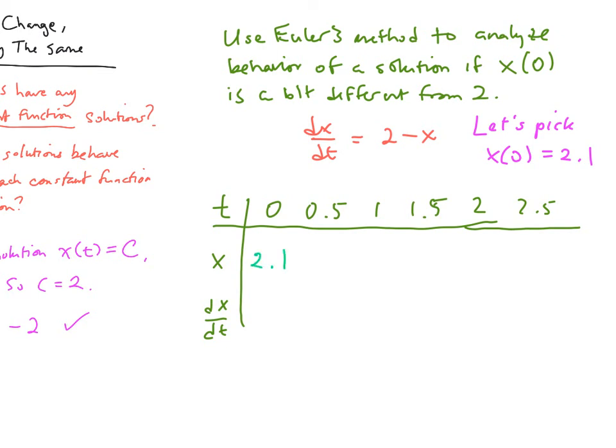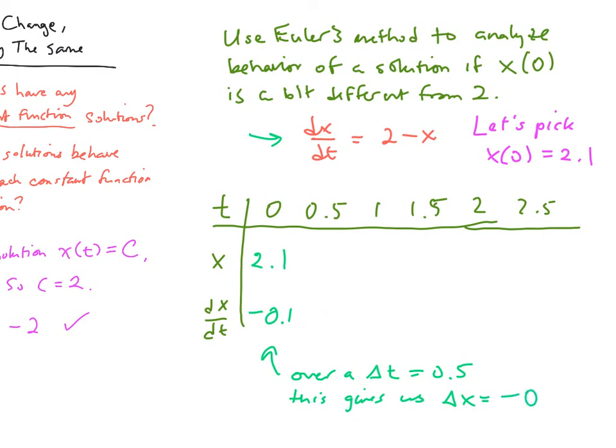Okay, and then according to this differential equation, we're going to use this frequently now. That means that my rate of change has to be 2 minus 2.1, so my rate of change is negative 0.1. Now, if I take this over an interval of length 1/2, a delta t of 0.5, delta x is going to be 1/2 of this amount because I'm marching forward 1/2 of a second.